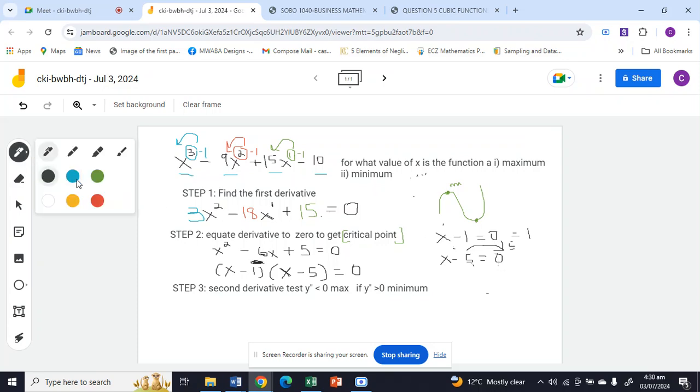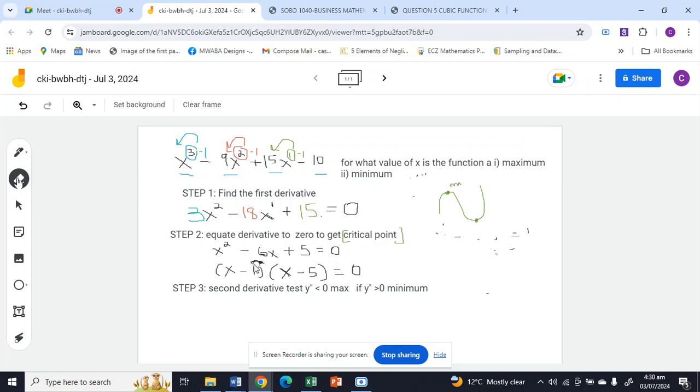So our critical points are x equals 1 and x equals 5. Let me just write that properly here. So the critical points, where the gradient of the graph equals 0, are where x equals 1 and where x equals 5.